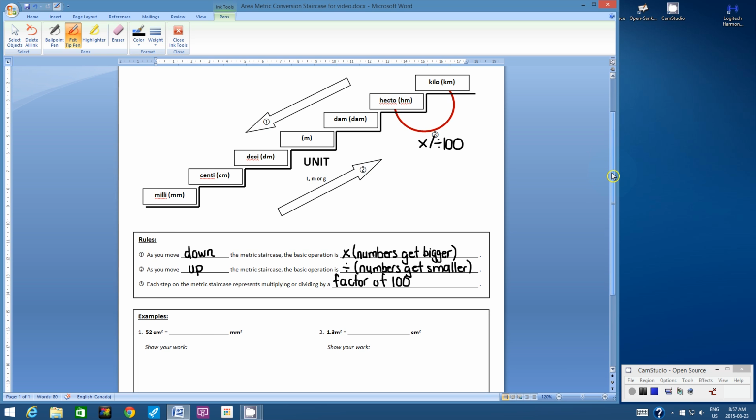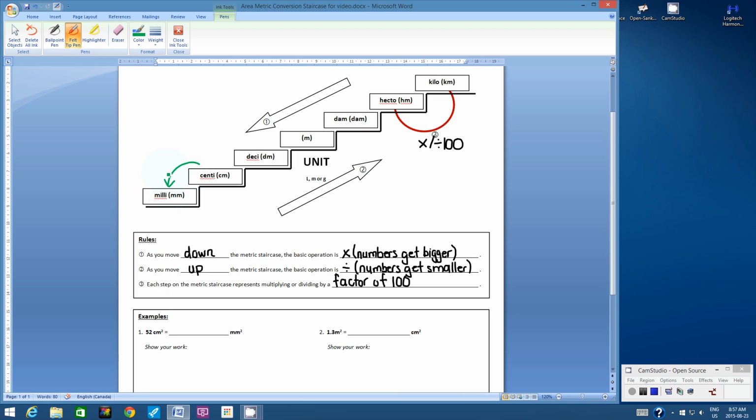Okay, so let's go through 2 examples, and hopefully that'll be enough to get you going. Example number 1, 52 centimeters squared. We're going to start in this block here, this stair, to millimeters squared. Let me just use a different pen here. So centimeters squared to millimeters squared.